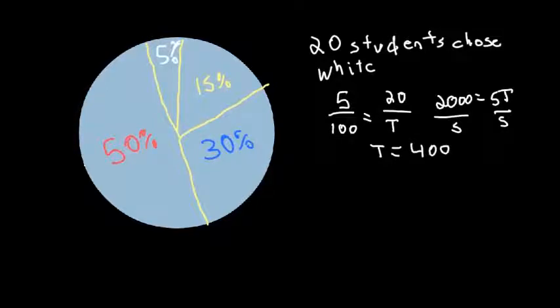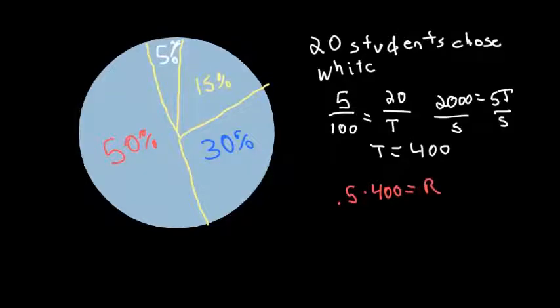So now I can take that and find what the total students for each other category is. So I'll start with red. So 50%, we'll use an equation for that. So 50% as a decimal is 0.5 times 400 equals my red students.